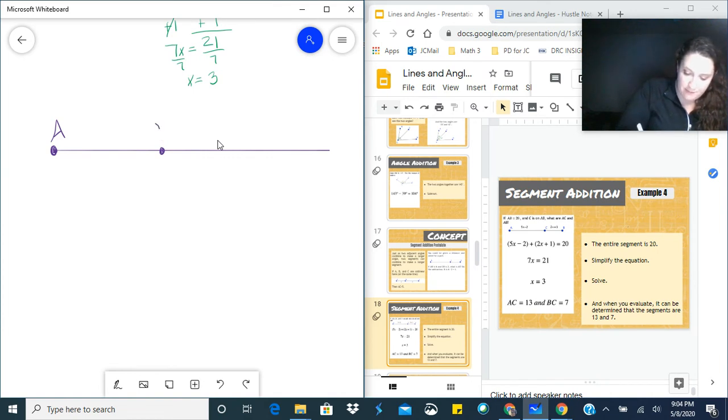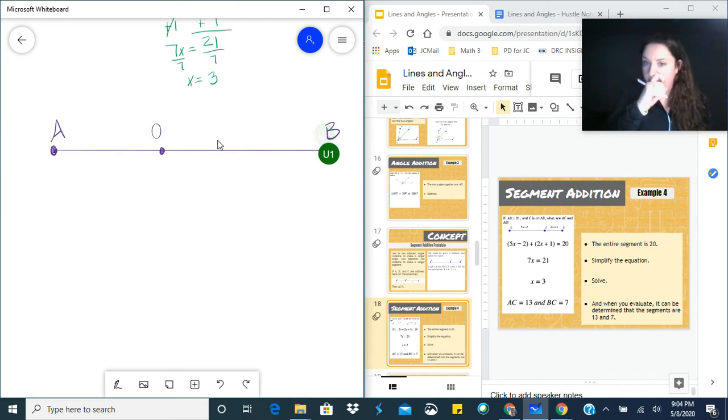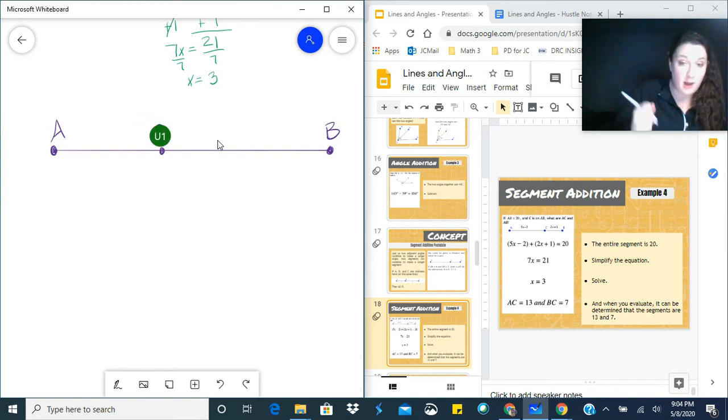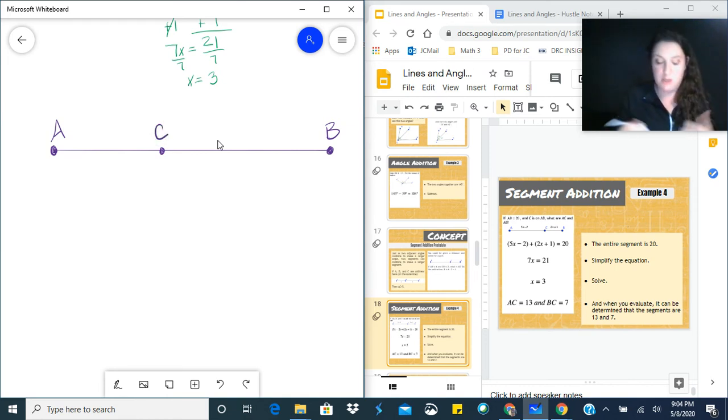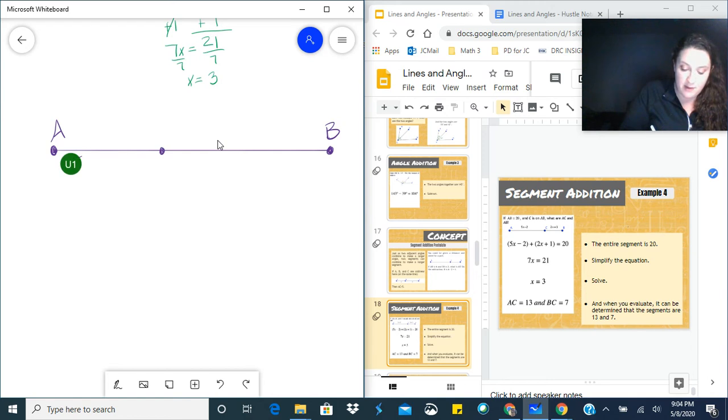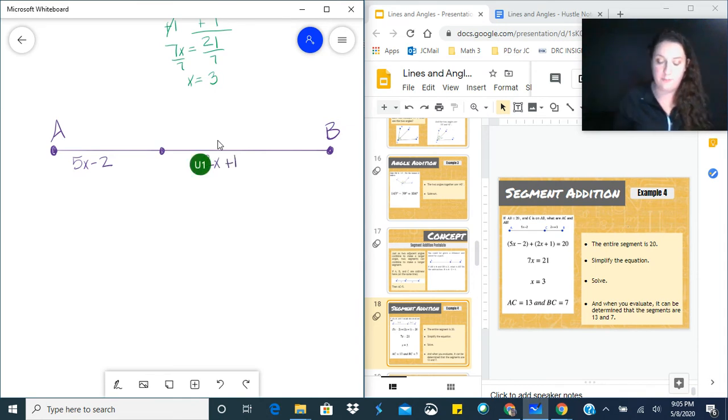And then here we have point B. We know that point A to point C was 5x minus 2, and for your second segment, you have 2x plus 1. Obviously, guys, my line is not to scale.